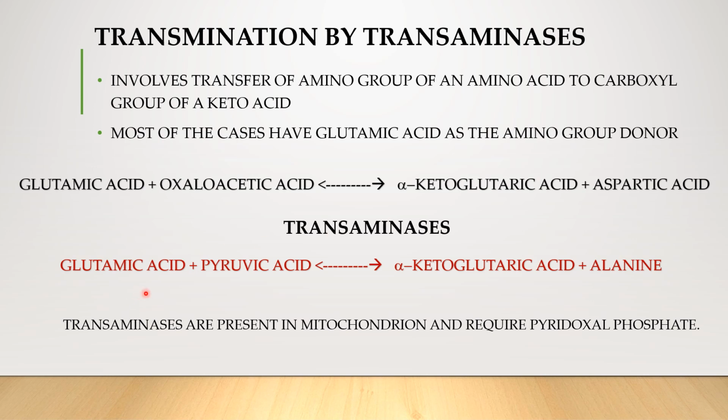We also have glutamic acid transferring an amino group to pyruvic acid, so alanine is produced and alpha ketoglutaric acid is produced. These transaminases are found in the mitochondria, and they require pyridoxal phosphate, which is involved in the transfer of the amino group.